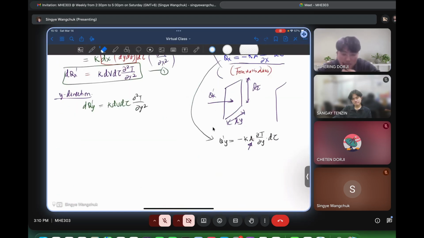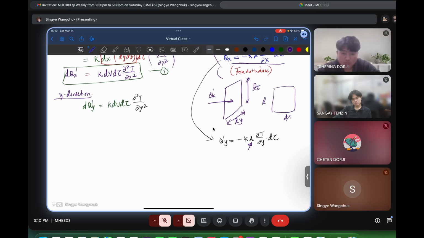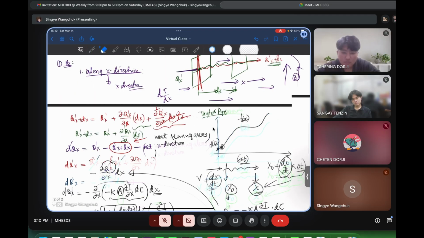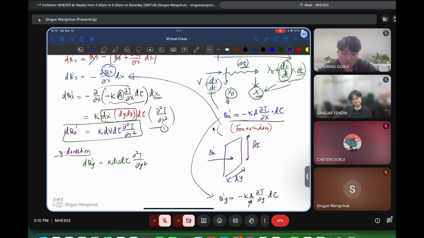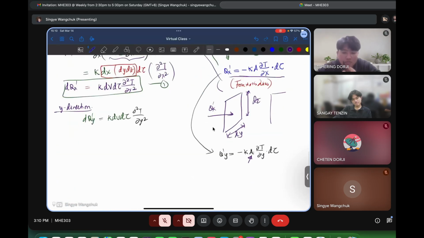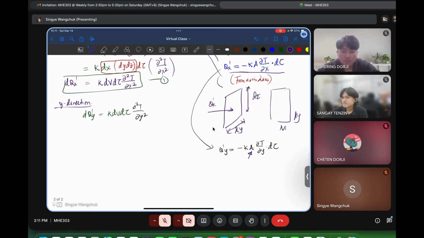Actually it's like this: this is dx and this is y. So the heat flowing is, this is dx and this is dy. So you will again get the same.